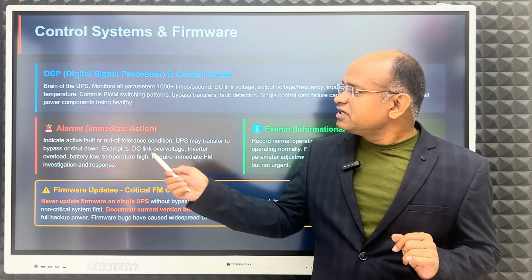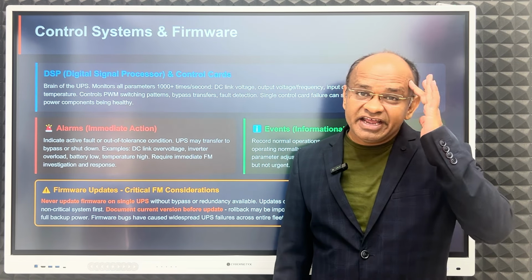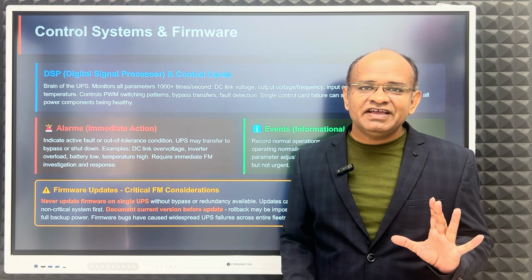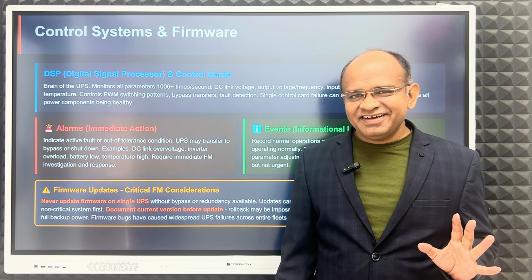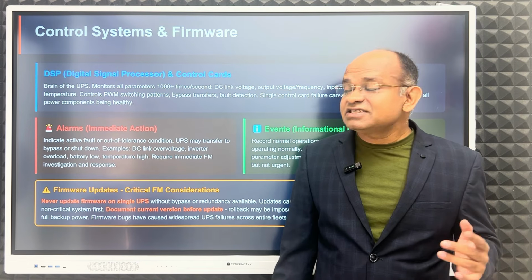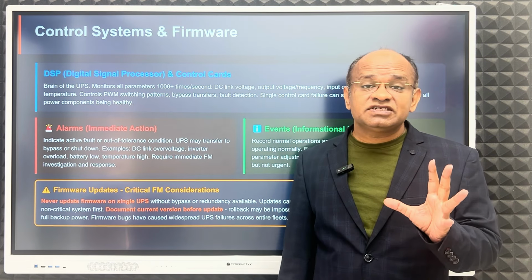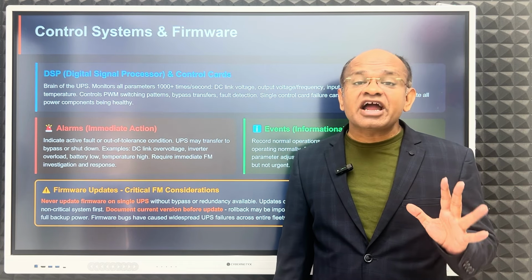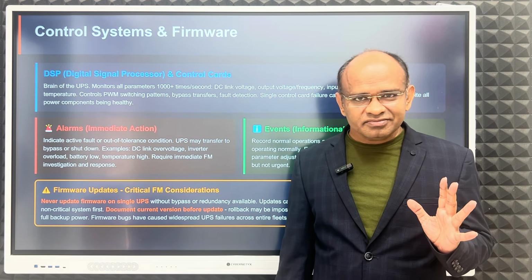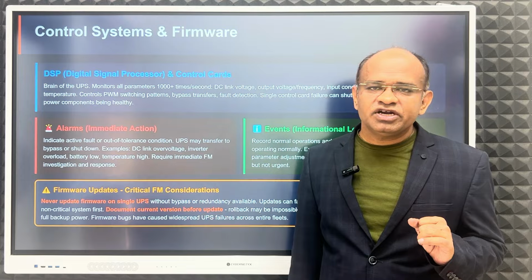Very much important. This is the heart or brain of the UPS. If it fails, what happens? If the brain has failed, nothing works. In the same way, this is the brain of the system. You should know the control cards and you should have backups also. Okay, this is a very much important component.